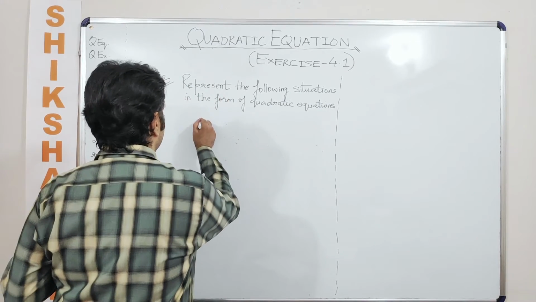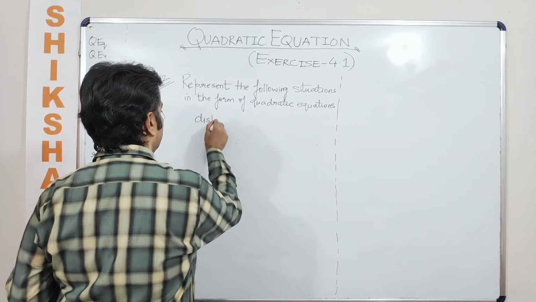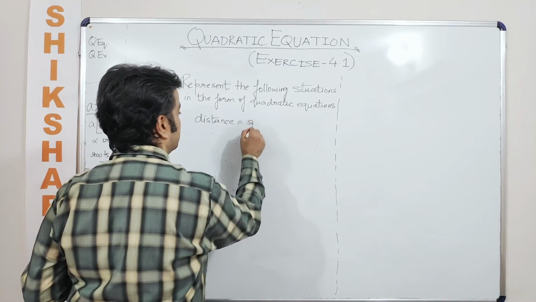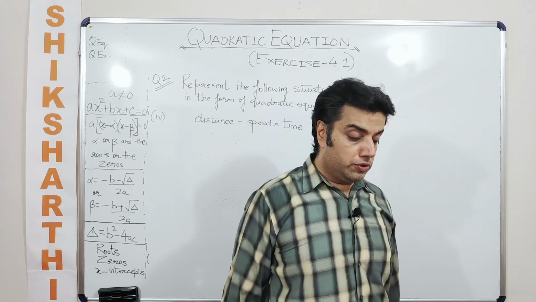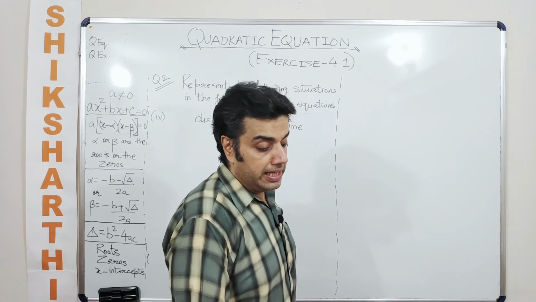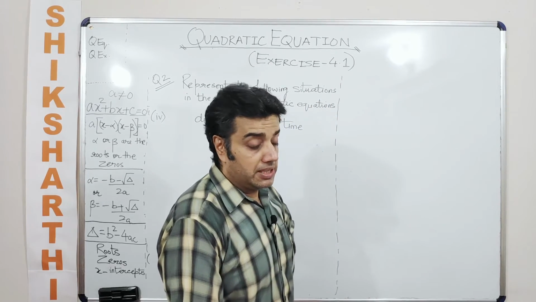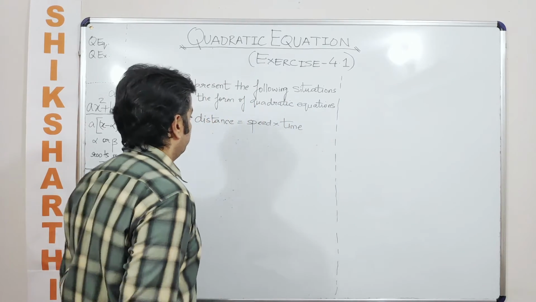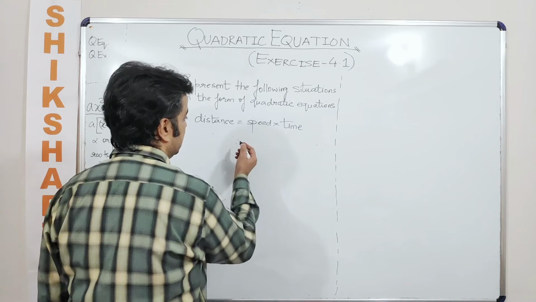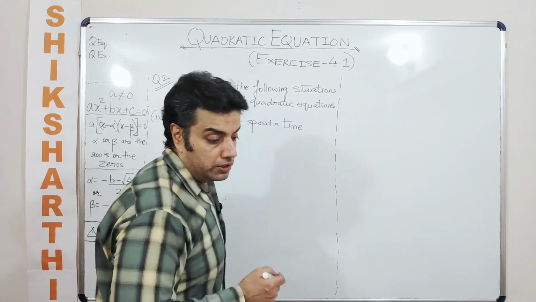Now, what is distance? Distance is equal to speed into time. So it says, now distance is already given to you. If the speed had been 8 kilometers per hour less, then it would have taken 3 hours more. So the first case that you are going to make here is, let us say, and what are you supposed to calculate?